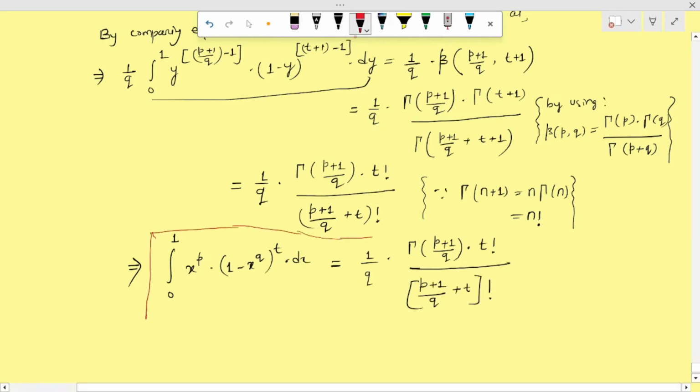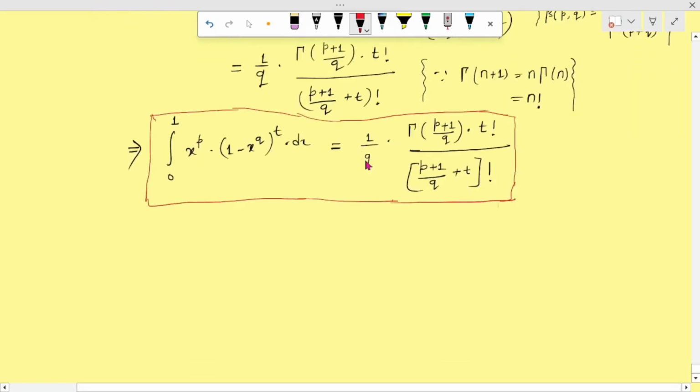By using this expression, we can evaluate a given integral directly. How? Here you can see I'm going to use this above expression and we can find the value of the integral directly. Suppose I'm going to show you.